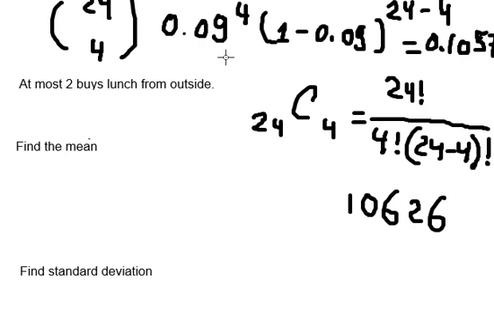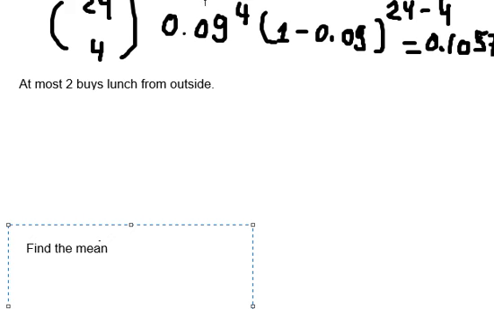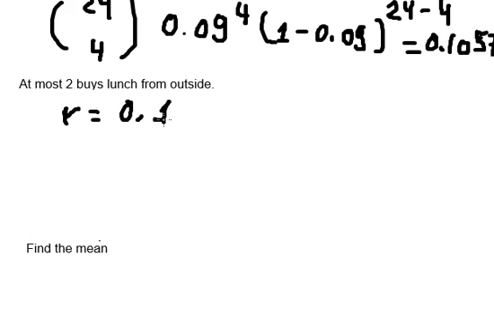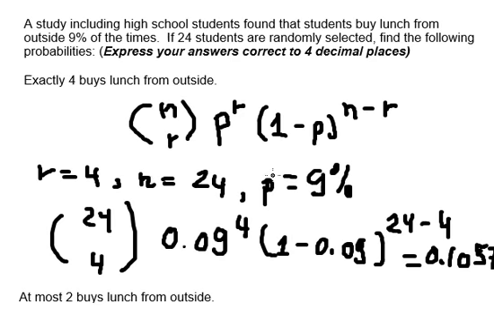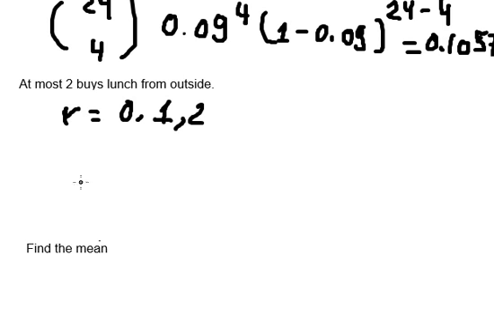Now let's go to the second one. So at most 2 students learned from outside, that means we have r equals 0, 1 and 2. So we apply the formula for each one, and we need to sum everything in here.